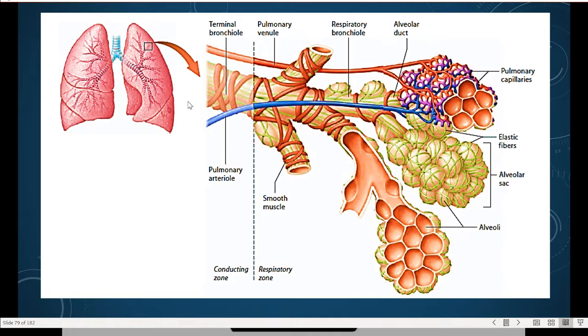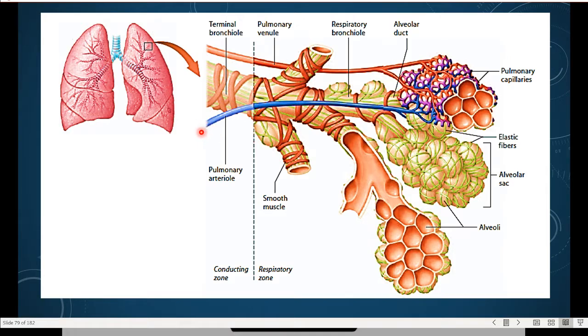So here we have a picture of a bronchiole with the alveolar sac. We talked about how the blood enters the right atrium, goes through the tricuspid valve into the right ventricle, through the pulmonic valve and out through the pulmonary arteries.